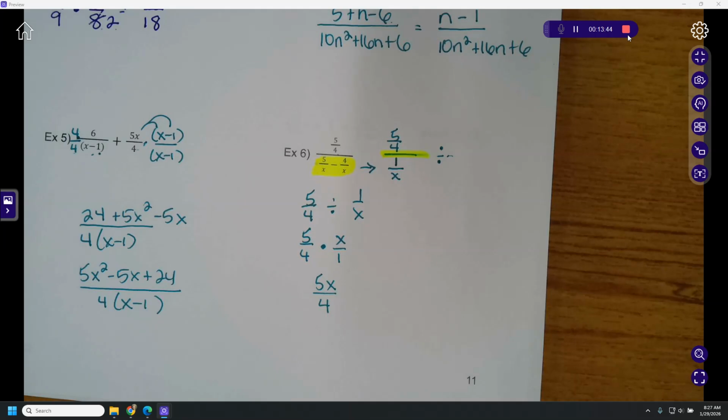It's already got the common denominator, doesn't it? No. Try question 3.